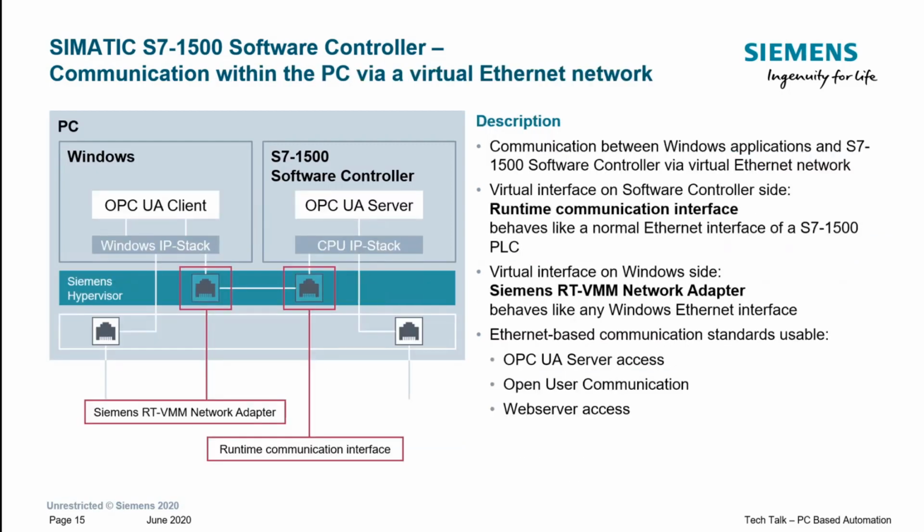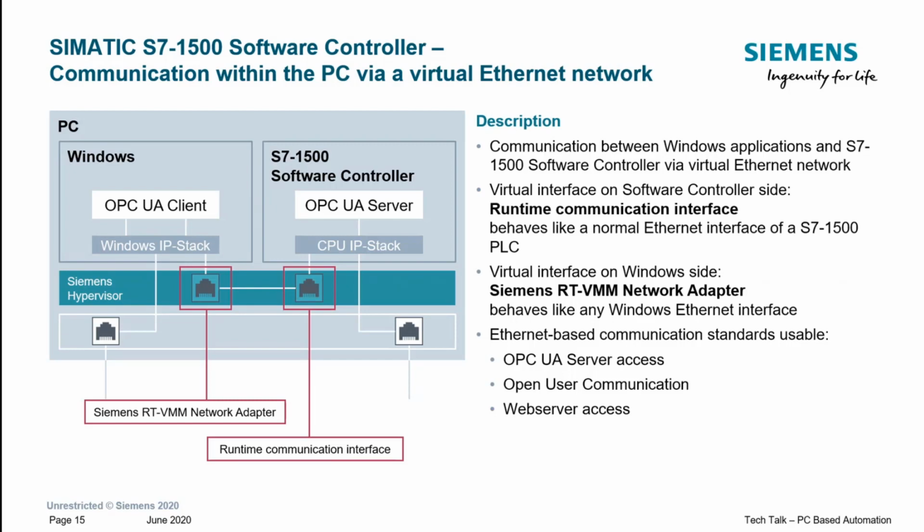Now, a nice feature with these software controllers is they have a virtualized network adapter. If you've ever used, again, VMware or VirtualBox, you may have noticed that host-only adapter that allows you to do comms between your PC and the VMs that are running, but it's not actually going outside your computer. It's not going anywhere external.